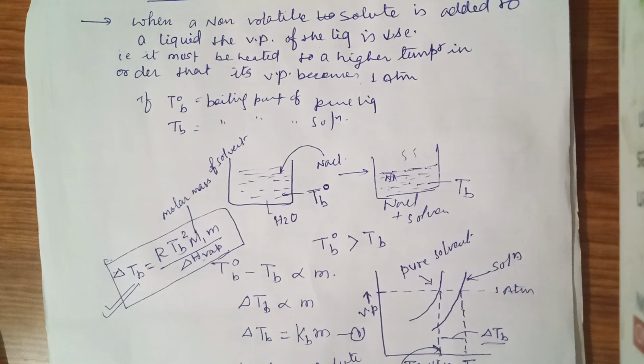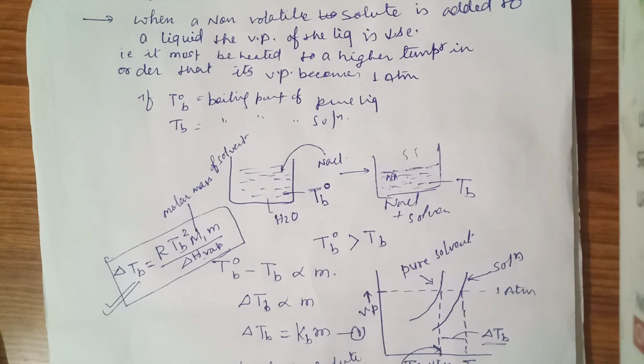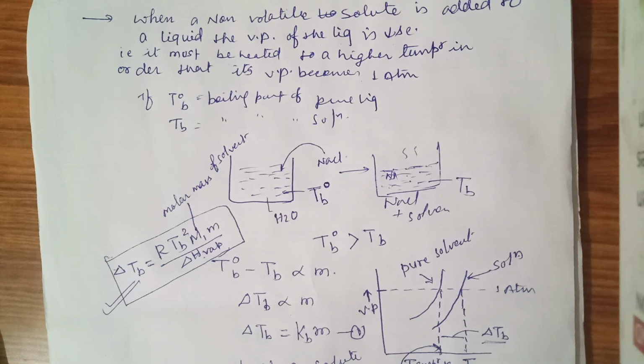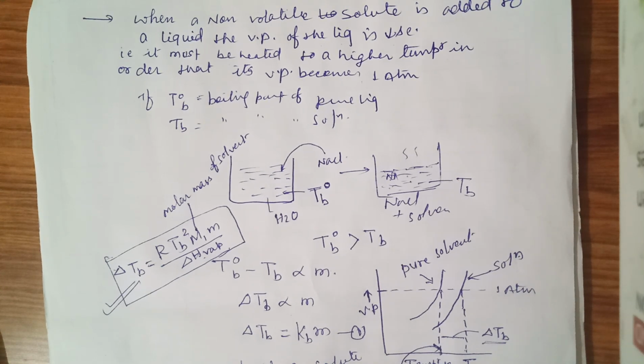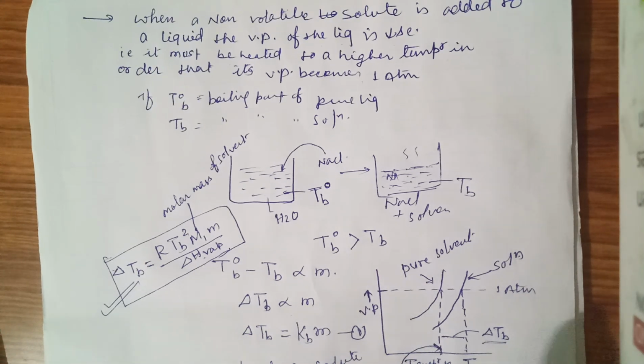As the boiling point increases, it acquires more heat from the source, and hence the food is cooked faster, because the temperature at which it was boiling earlier has increased. That is, if water boils at 100 degrees centigrade, on adding salt the boiling point will increase. So this is one of the applications: elevation in boiling point occurs when we add a non-volatile solute.